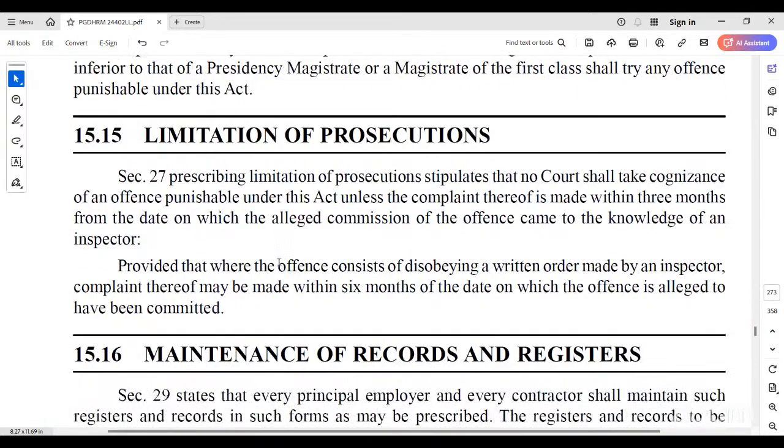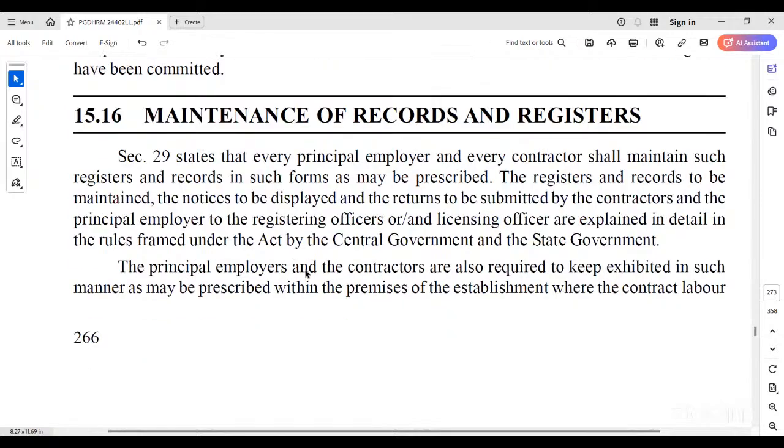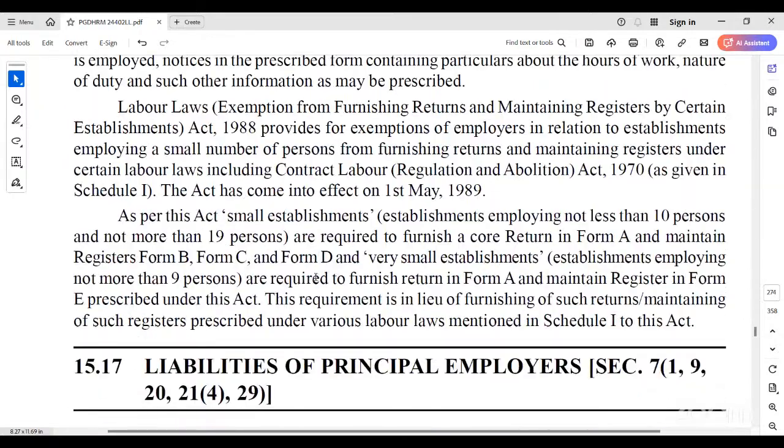Limitation of prosecutions is also there under Section 27, prescribing the limitation of prosecution. No court shall take cognizance of an offence punishable under this Act unless the competent authority complains, and this is also covered. Maintenance of records is also mentioned in this Act, right?